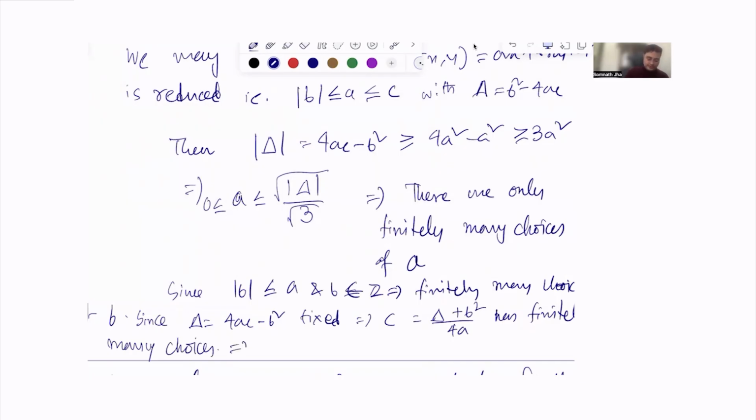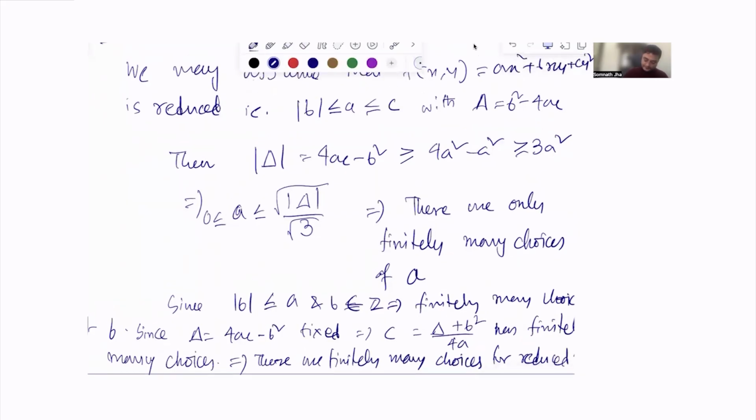Okay, so there are finitely many choices of reduced forms.